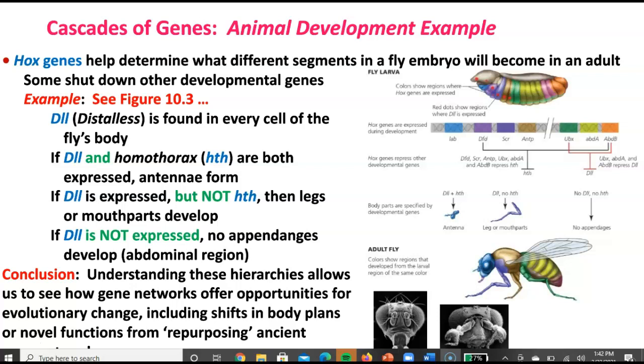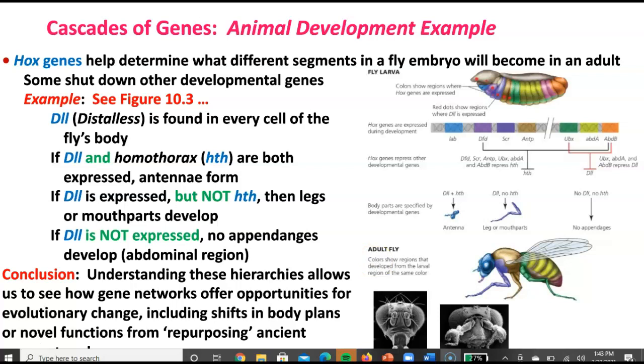So we can conclude from this example that if we understand these hierarchies, if we can pinpoint how these hierarchies work, it does allow us to see how gene networks offer opportunities for evolutionary change, including shifts in body parts or novel functions, like repurposing ancient genes into new functions.